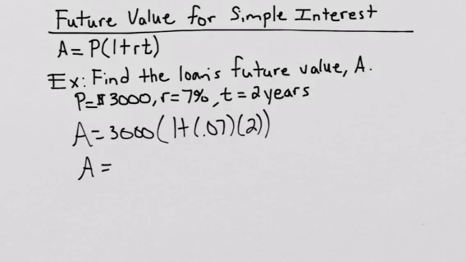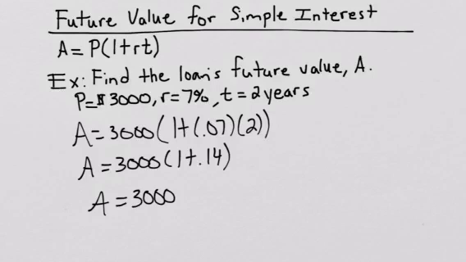So A equals 3,000 times 1 plus 0.07 times 2, which is 0.14. And now if we do 1 plus 0.14, we get 3,000 times 1.14.